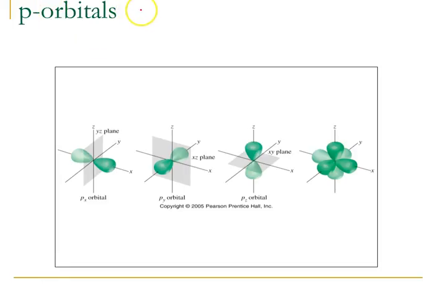P orbitals are always found in p sublevels. There are always 3 p orbitals per p sublevel.